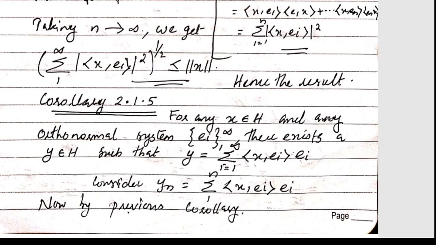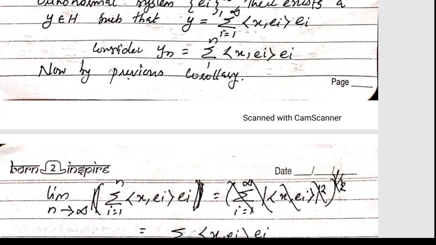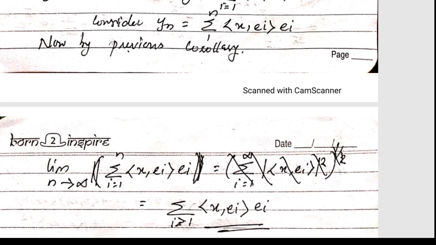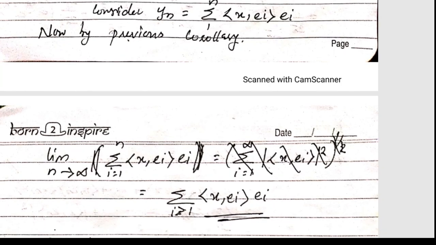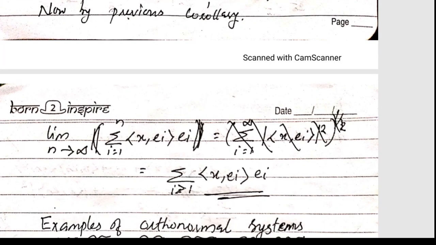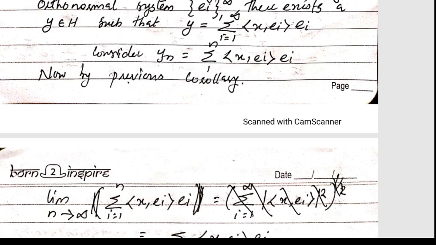Now by previous corollary, limit n tends to infinity, sigma i equal to 1 to n, inner product of x, ei with ei is equal to sigma i equal to 1 to infinity inner product of x, ei into ei. It easily follows. The limit of that yn is our y.